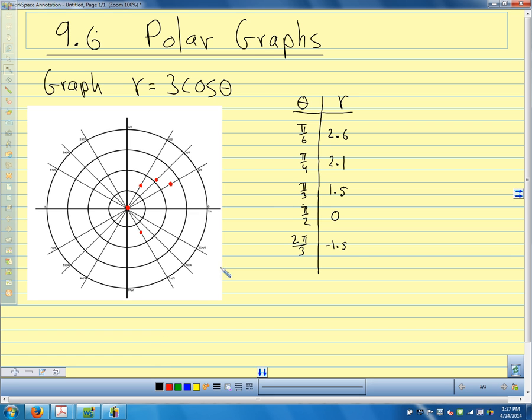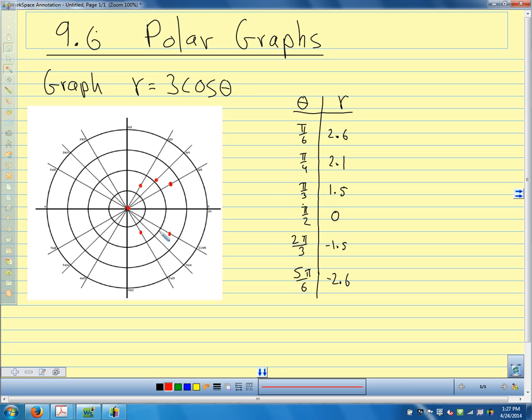And then I'm going to plug in 5 pi over 6. When I plug in 5 pi over 6, calculate, and I get my radius is about negative 2.6. So here's 5 pi over 6, and I go in the opposite direction, negative 2.6. I skip this one, so hopefully we can see how this works.